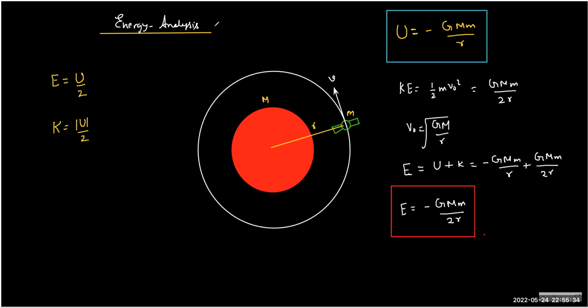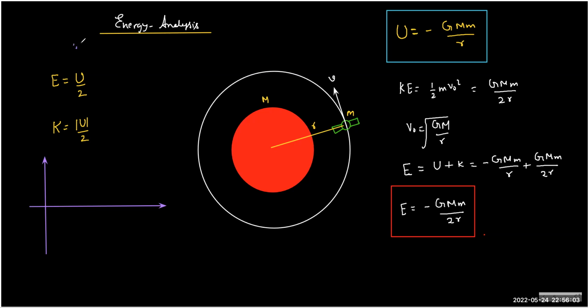So now the question is, what kind of question can we expect from this discussion? First of all, we need to plot these energies. We can see clearly that potential energy is negative, and so is the total energy. And what does this mean actually? A system with a total negative energy is called a bound system.